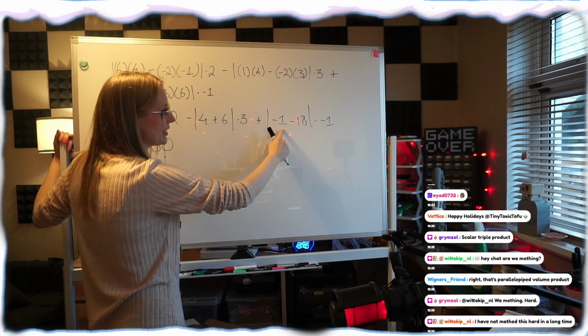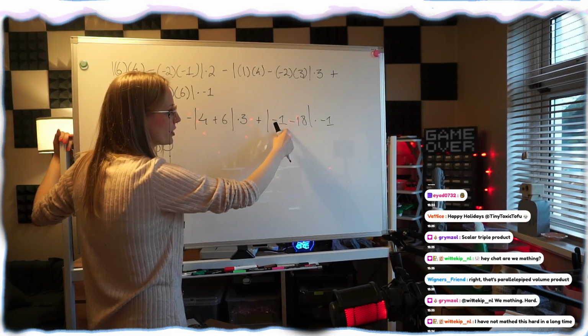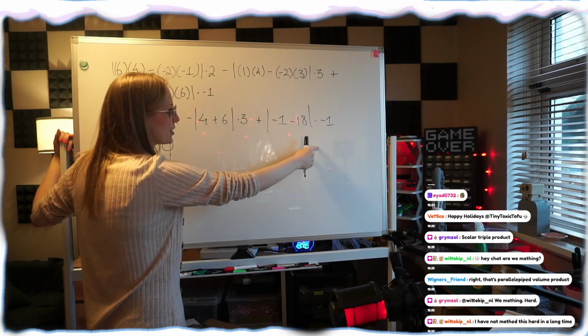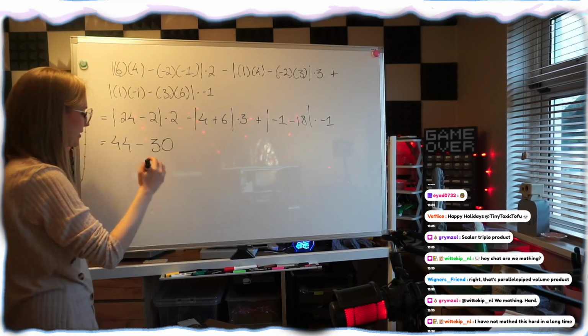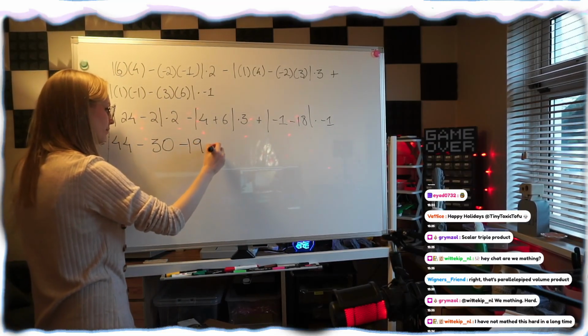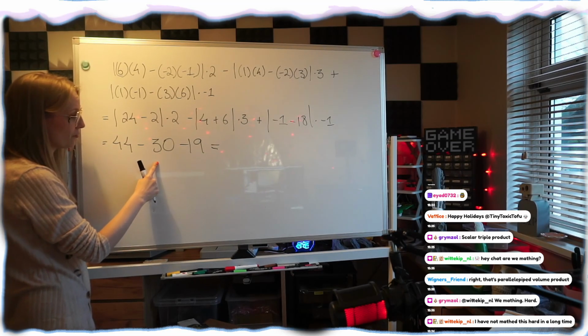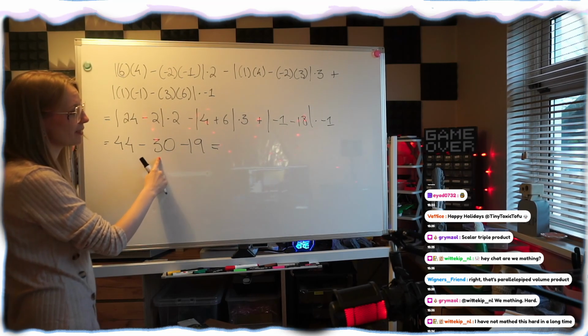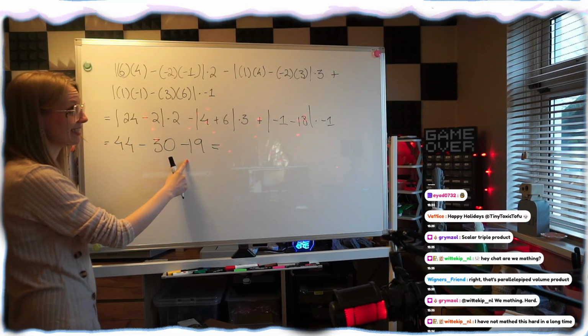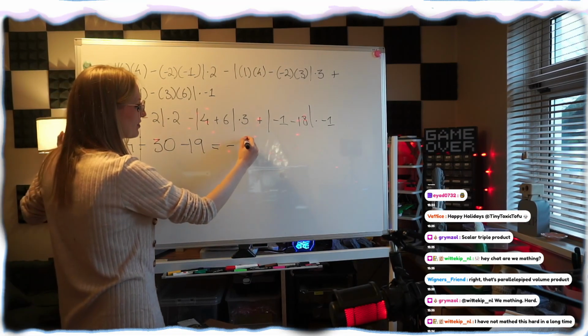That's just 19 because it's a magnitude. 19 times minus 1 is minus 19. So 44 minus 30 is equal to 14. 14 minus 19 is minus 5.